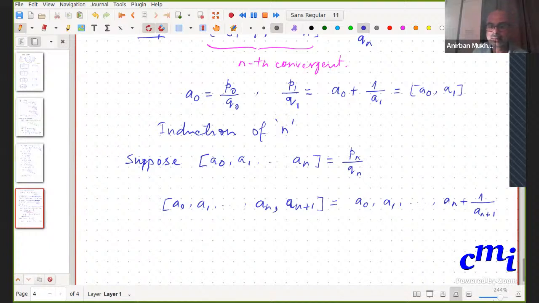If I write this in place of AN, then what I would get is this continued fraction. Now let's call that AN dash.